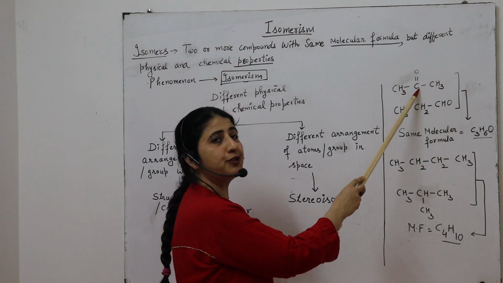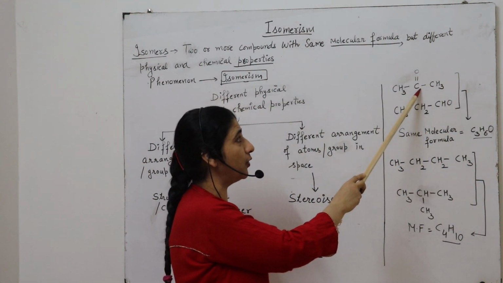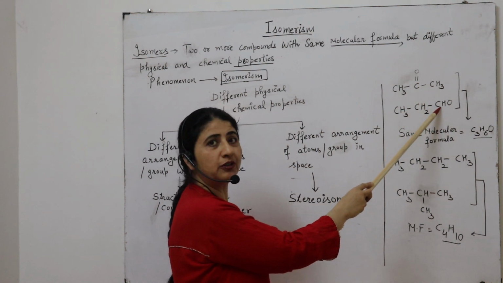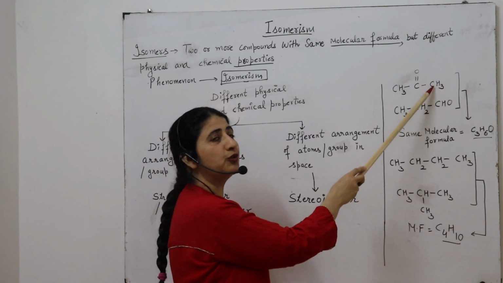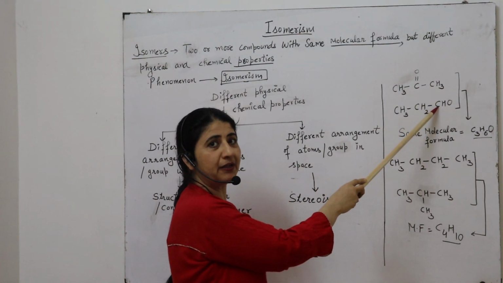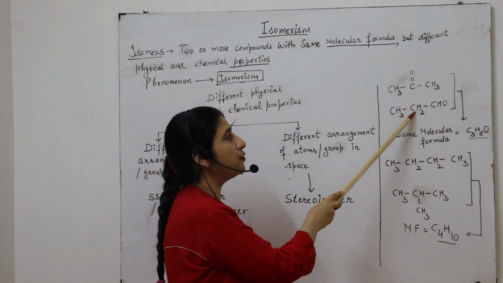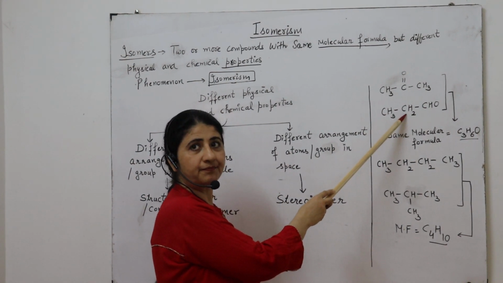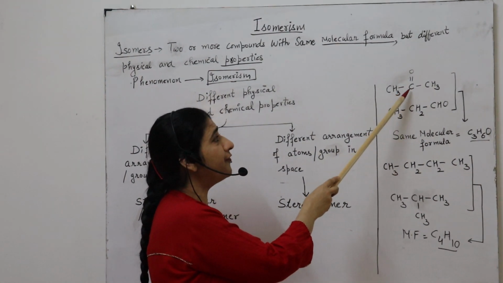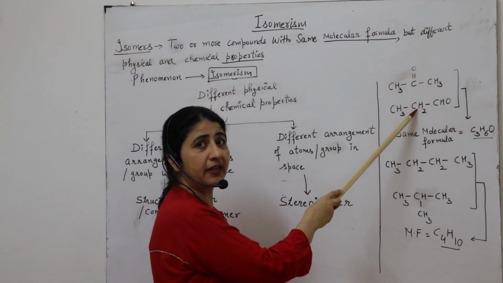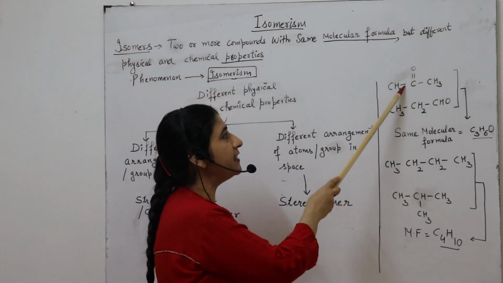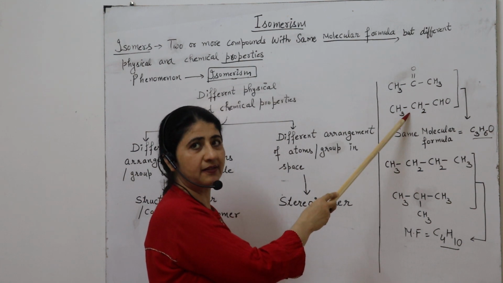So this compound shows the properties of a ketone, and this compound shows the properties of an aldehyde. It means these two compounds show different physical and chemical properties, so these are isomers. There is a difference in the structural arrangement in a molecule, so that is why these two are structural isomers.